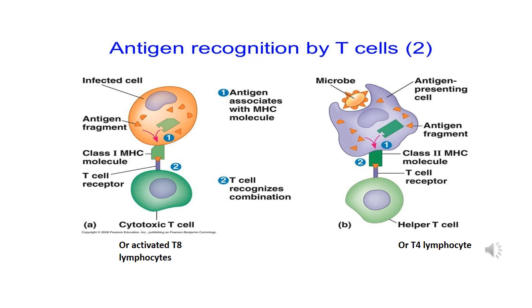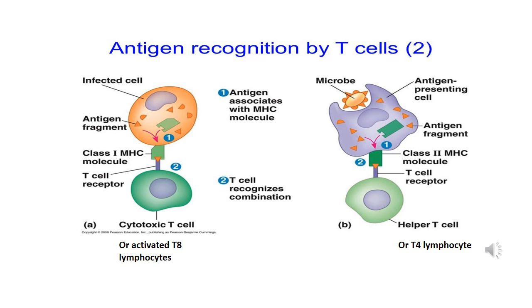Let us now talk about the T4. In the first step, the antigen binds to an MHC class 2 molecule found on the surface of the APC, which could be the macrophage. Then in a second step, the T4 recognizes the antigen carried by MHC class 2 on the surface of this APC.